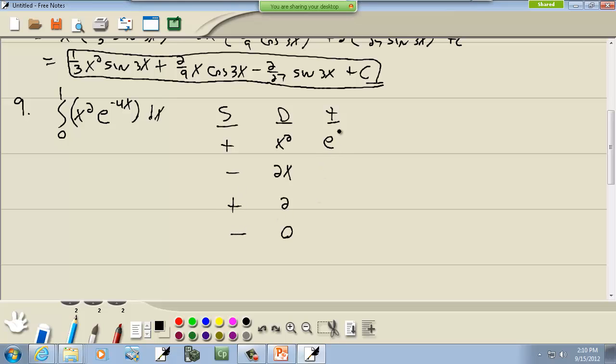Now here we got e to the negative 4x. Let's see what happens when we take the integral of e to the negative 4x. We have to do the u substitution, so I let u equal negative 4x, du be negative 4 dx. So we need a negative 4 inside, so we'll offset it with a negative 1/4 out in front.